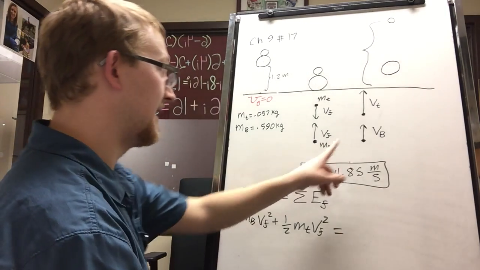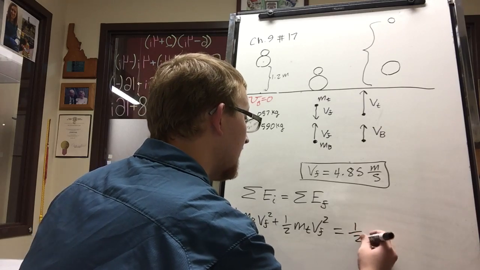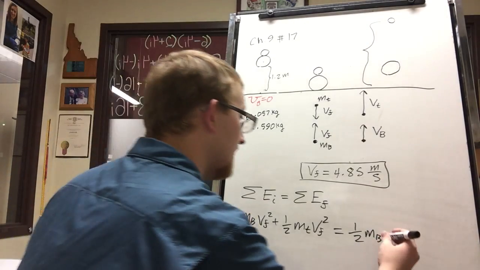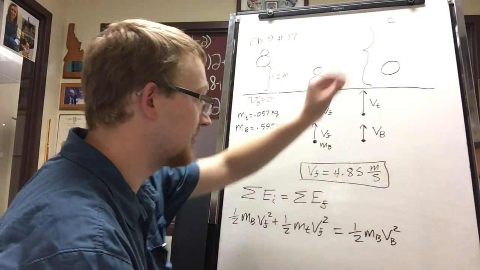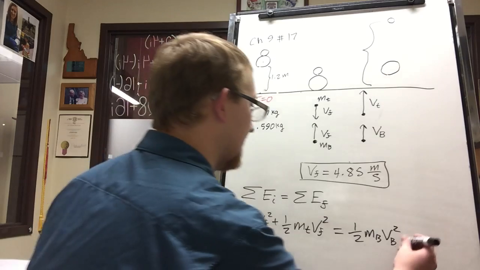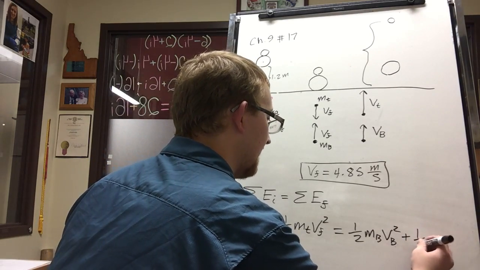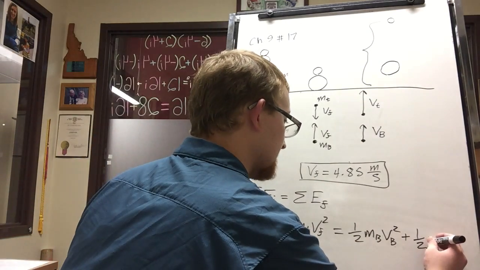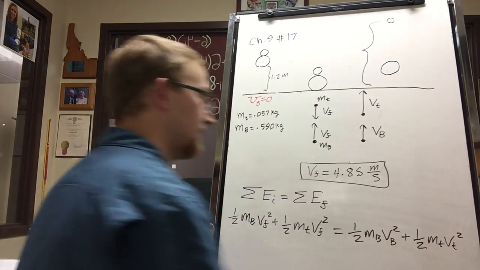Then on the other side, we have kinetic energy with both of them. Kinetic energy of the basketball, 1/2 mb times vb squared. That's my final velocity for the basketball. And then I have plus 1/2 the tennis ball's kinetic energy, mt times vt squared.